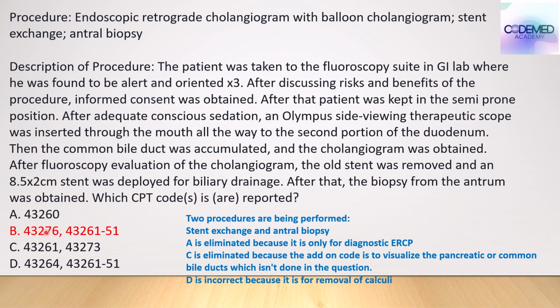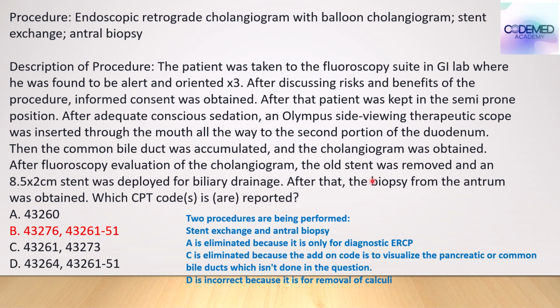So between B and D, we will have to now see the correct answer. D is incorrect because it talks about the removal of the calculi, and the removal hasn't happened.